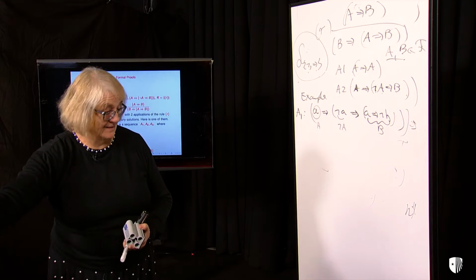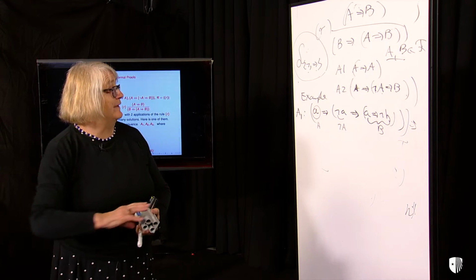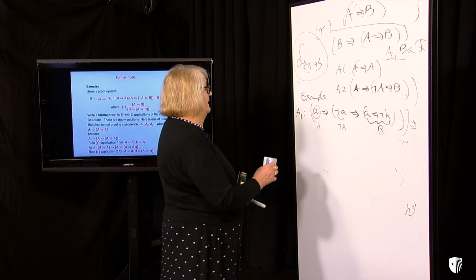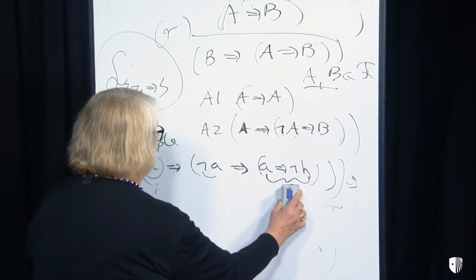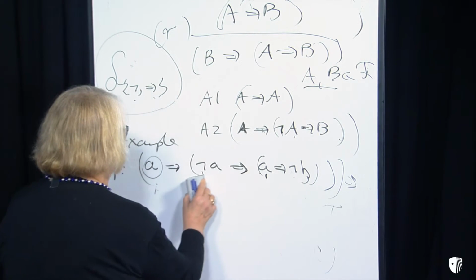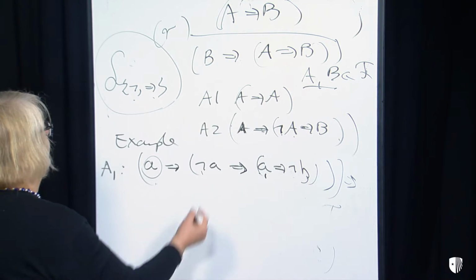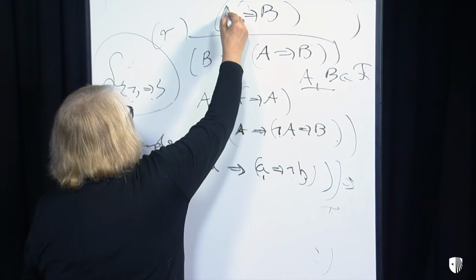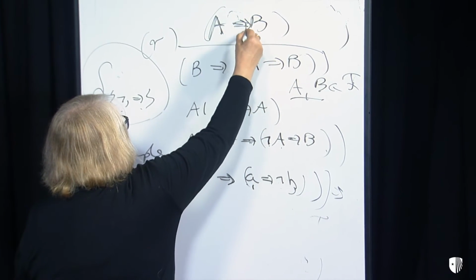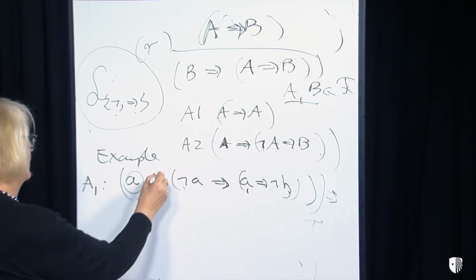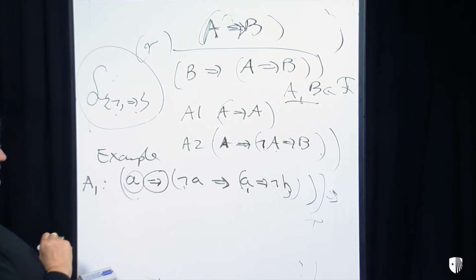So now, the rule of inference says that if you have already an axiom, so that is correct, this is an axiom. The rule says if I have an implication, the main connective, so that is your main connective.